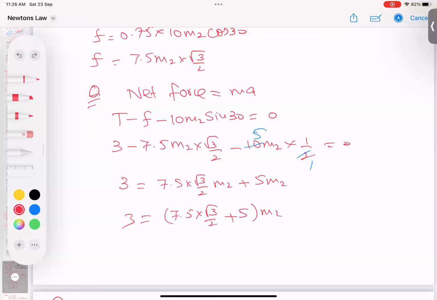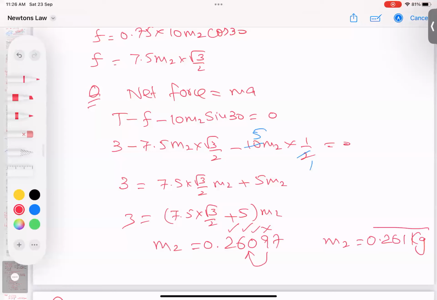And the answer is coming as m2 equals 0.26097, which I round to 3 significant figures. So 0.261 kilograms is our answer. And I believe you got the point very, very clearly.